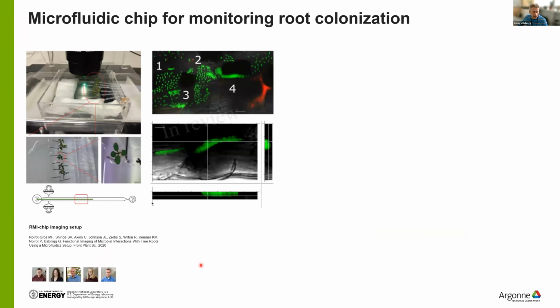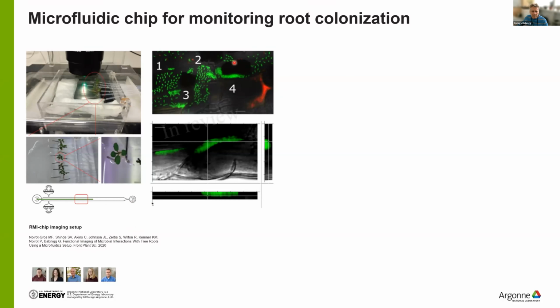During the previously funded project led by Ken, we developed a microfluidic setup where we could monitor plant root colonization. These are 6 parallel channels with poplar seedlings, and we labeled the cells. Rose Wilton developed a plasmid that let us label cells stably.